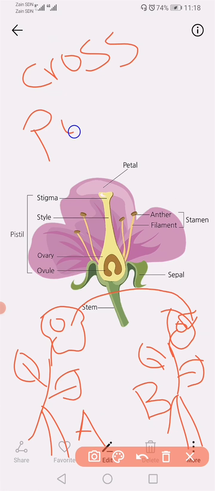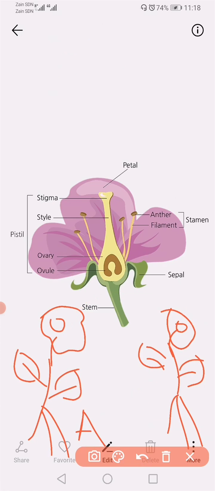So what is cross-pollination? It is the transferring of pollen from the flower on plant A to the stigma of another flower on plant B. This type of pollination is called cross-pollination. So now we have two different types of pollination, cross-pollination and self-pollination.